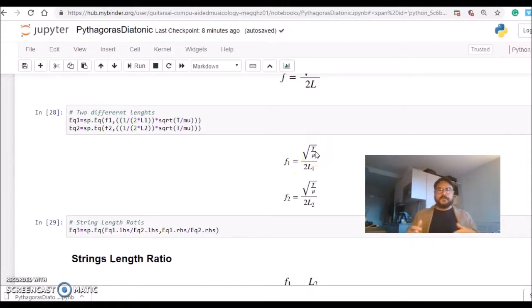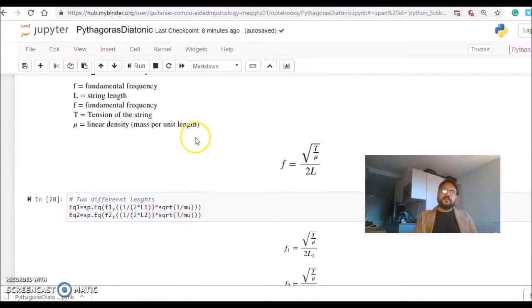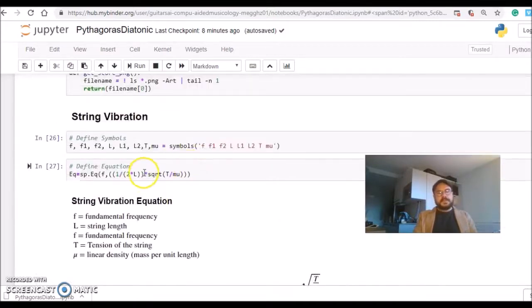So if we have the same string with the same tension and two different lengths, this will influence the frequency it produces. And when we take the ratio, so we divide this equation by this equation, here I'm just defining the symbols I'm going to use in sympy.